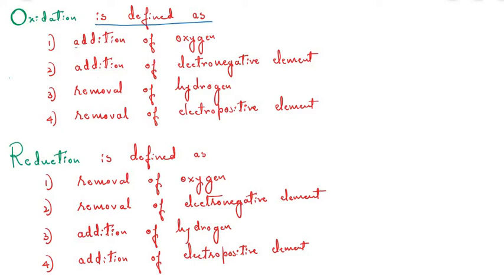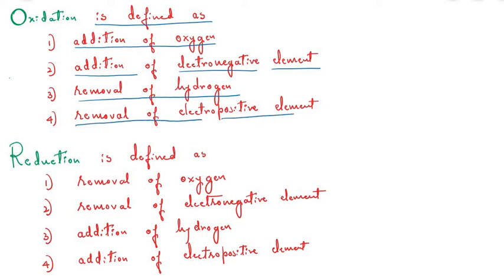If addition of oxygen takes place, it is called oxidation. If addition of an electronegative element takes place, then also it is called oxidation. If there is a removal of hydrogen, then also it is called oxidation. And similarly, if there is a removal of an electropositive element, then also it is called oxidation. Is it clear, students? And the reverse will be true for reduction.